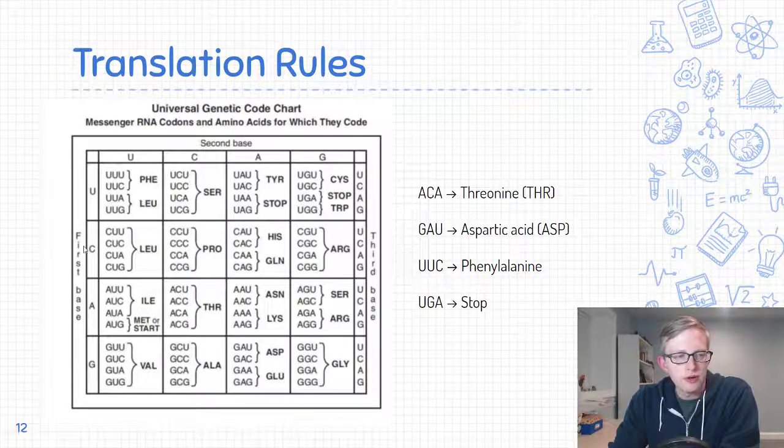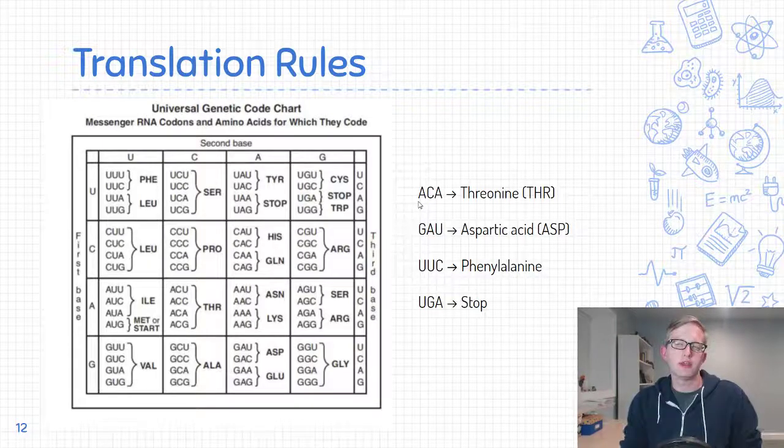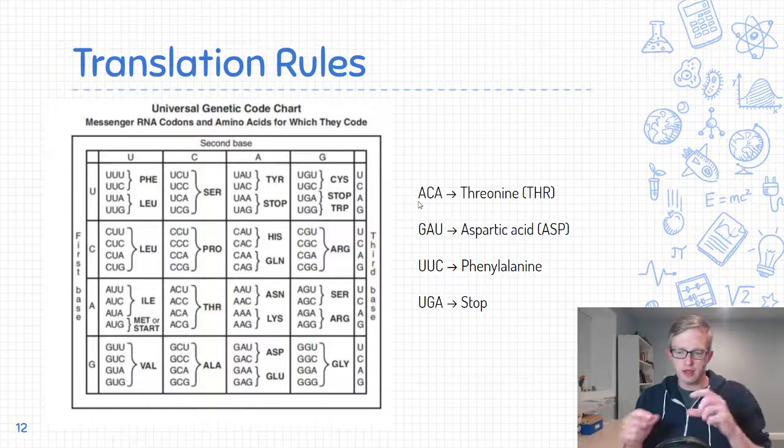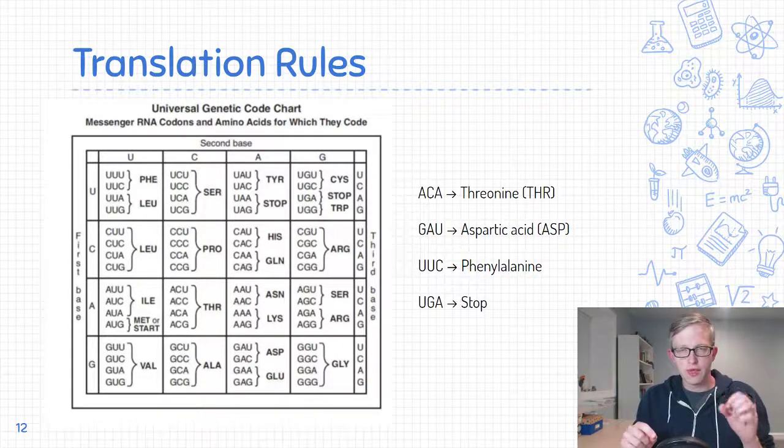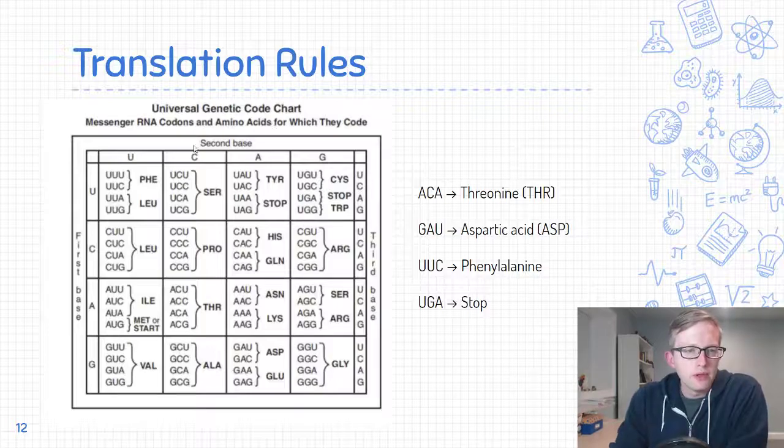The way you read one of these charts is, let's do the first example, ACA. So let's say that the RNA has delivered to the ribosome a strand of RNA, and that RNA starts with ACA. When we look at this table, and I'm explaining this because you'll be asked to look at these tables and read from them, and at first it's a little confusing, but once you get it, it becomes very, very simple, the process.